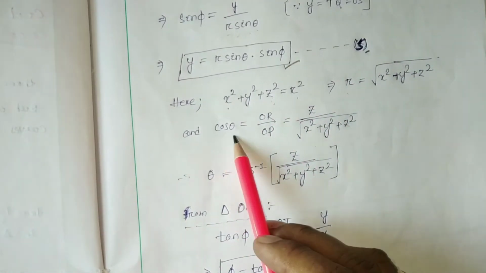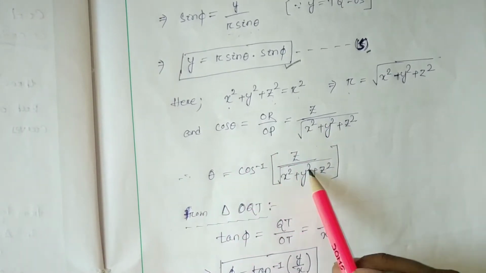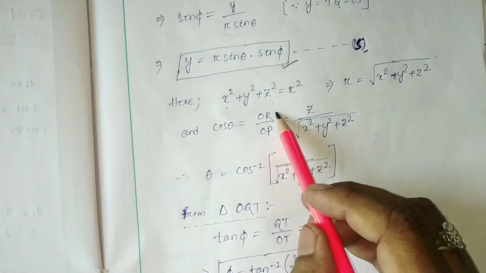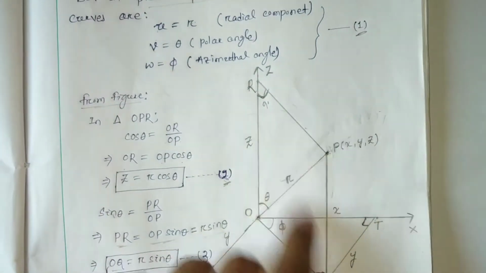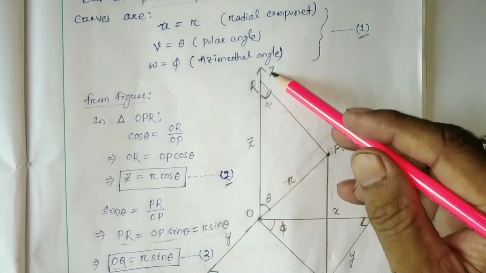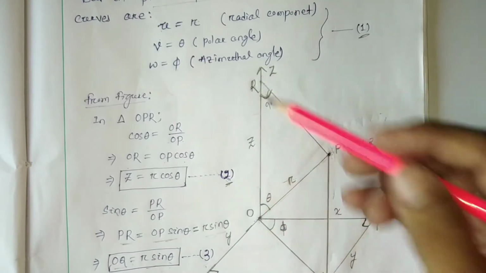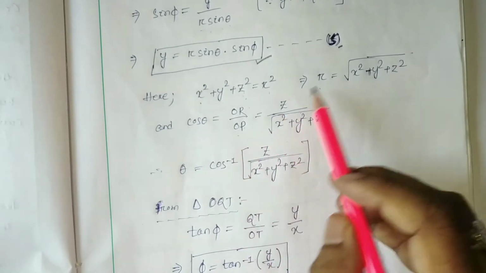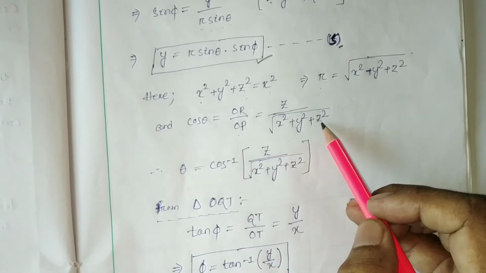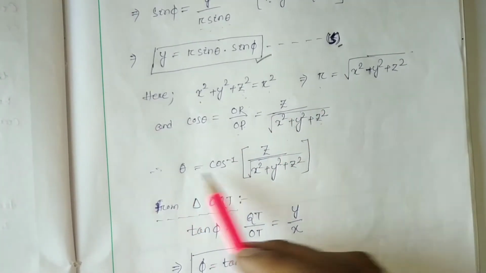Cos theta is this one. See, OR by OP, if I consider this triangle, cos theta equal to OR by OP, and OR is nothing but Z, OP is nothing but R. Here R is nothing but the square root of x square plus y square plus z square, and theta we can find in this way.